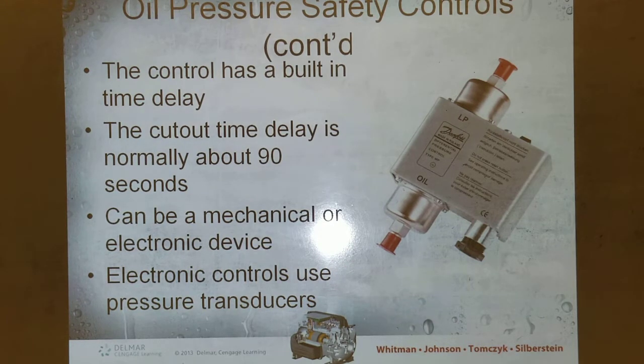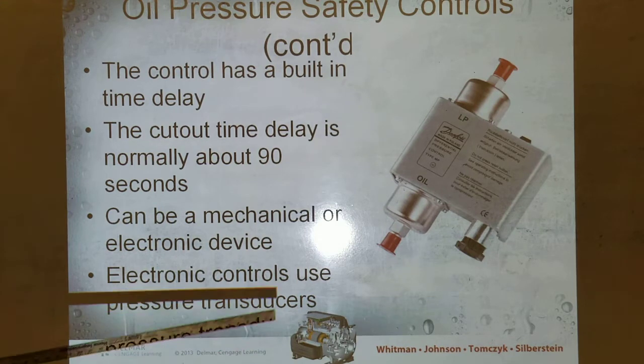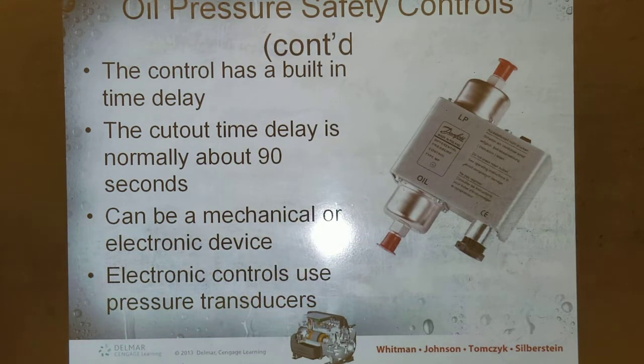So 90 seconds gives you time to push that button and leave the premises, and then it's off, and they call you back. Knowing there's a time delay, you have to sit there and wait for it. If you start it up, you should have your gauges on it, watching the pressures.